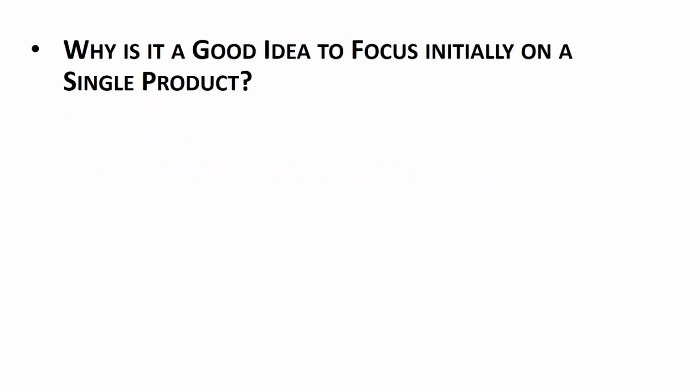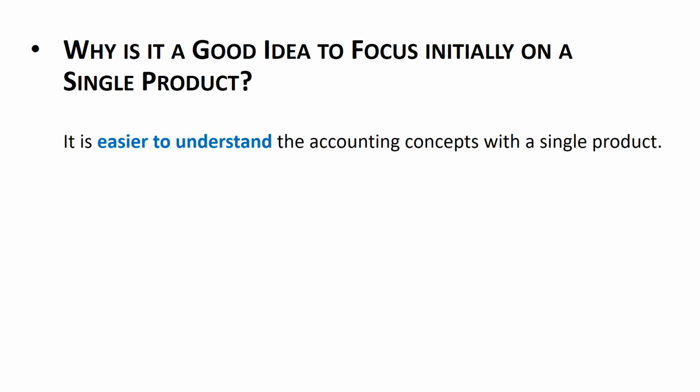So how do we estimate revenues? But before we go there, why is it a good idea to focus initially on a single product? Simply because it is easier to understand the accounting concepts with a single product. Aristotle said first principles are all that matters, and we really need to grasp the first principles.